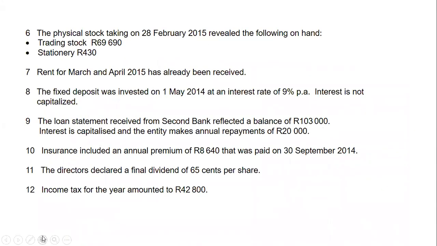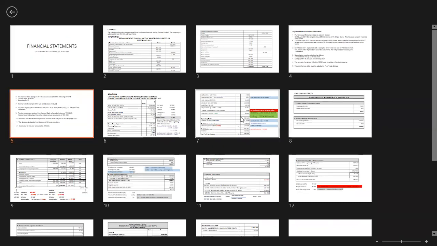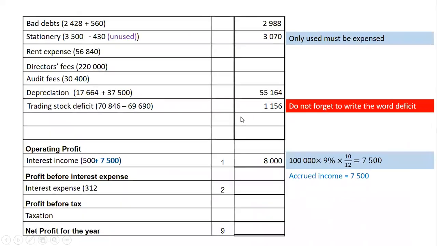It will be recognized and recorded in our statement of comprehensive income as interest expense of 13,000, and that 13,000 rand, I highlighted it because it also qualifies to be an accrued expense.